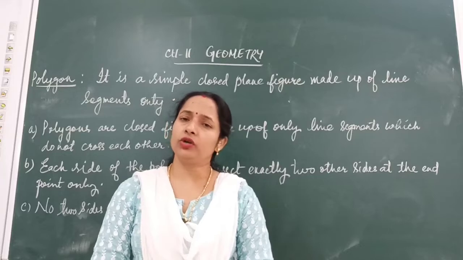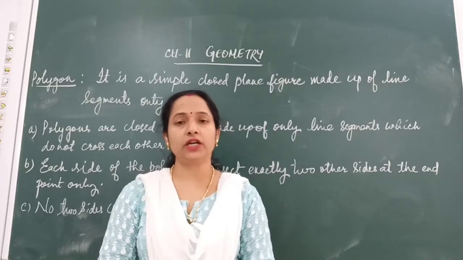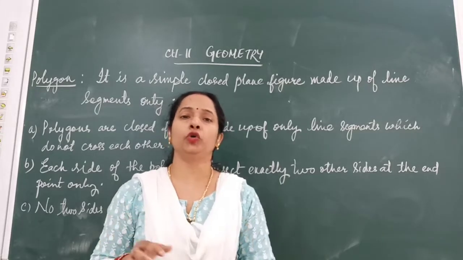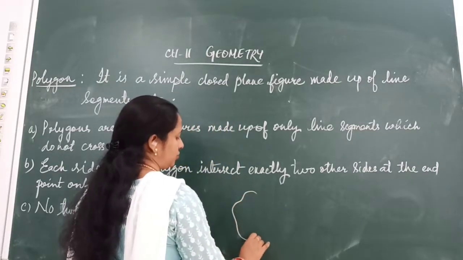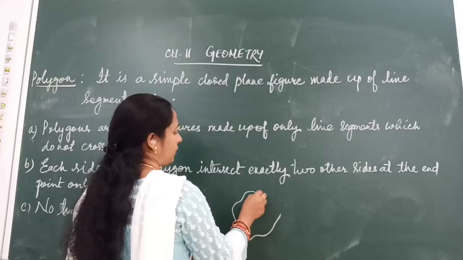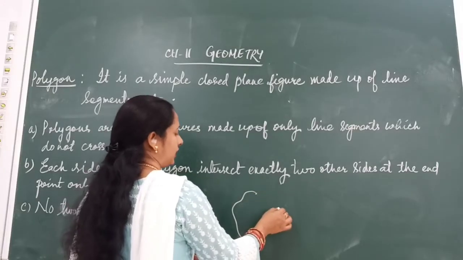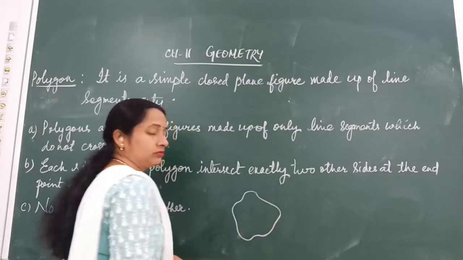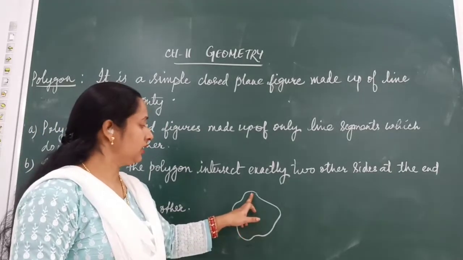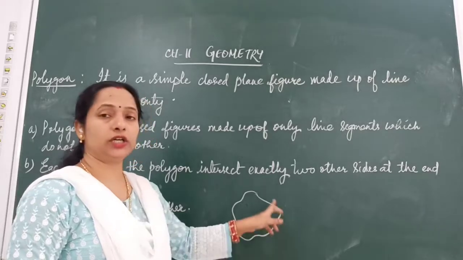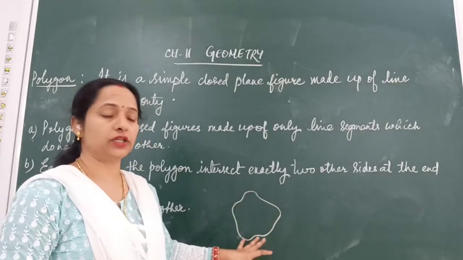Children, from our junior classes we have learned about the closed figure and open figure. If you are drawing any closed figure, the point from where you have started, if you are again coming back to join the starting point of this particular curve, you are forming a closed figure here.